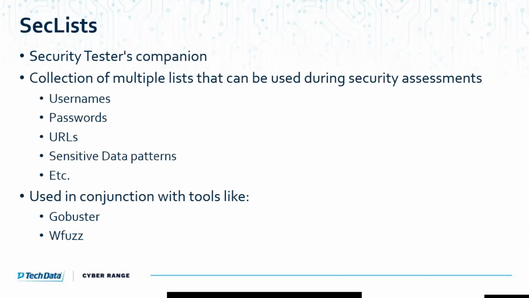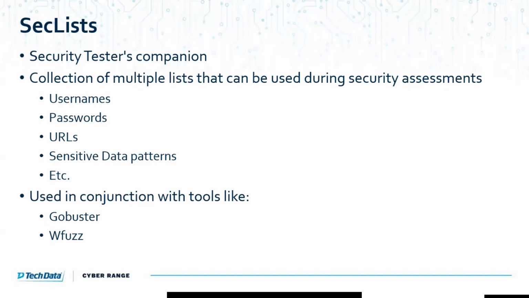So in talking about GoBuster and WFuzz, I mentioned SecLists. I think it's important to call out what SecLists is here. SecLists, or security list, is really a security tester's, bug bounty hunter's, pen tester's, whoever's companion, in so much that it is a big aggregation of different types of lists that can be used, either usernames and passwords or URLs.